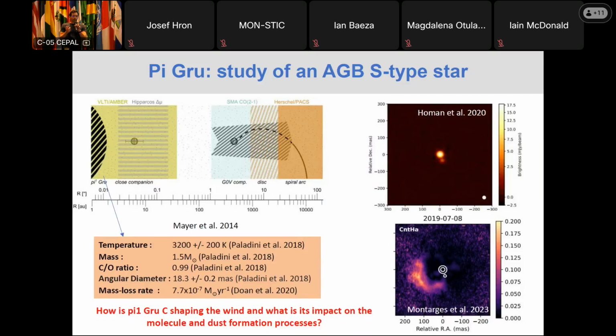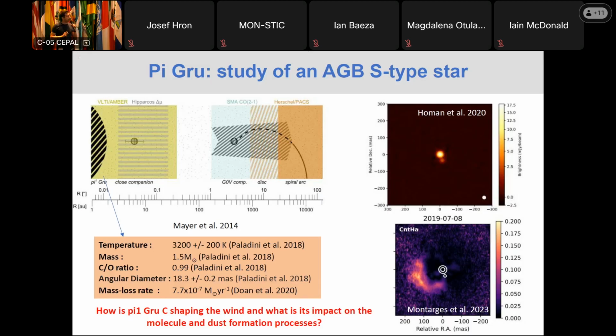But in the paper of Mayer et al. in 2014, they said that the spiral arm that we see cannot be induced by this companion. It's too far away from the star. So these spiral arms are in fact produced by a closer companion, about 40 mas from the central star.